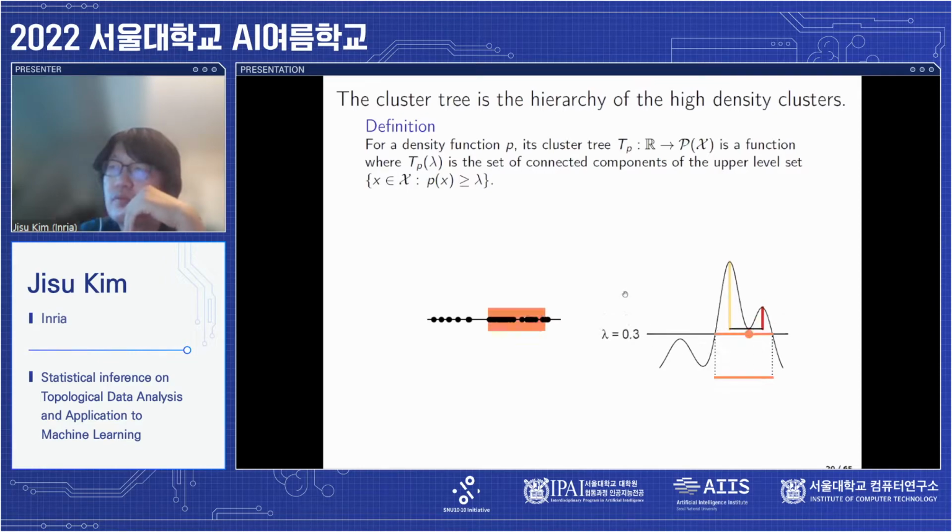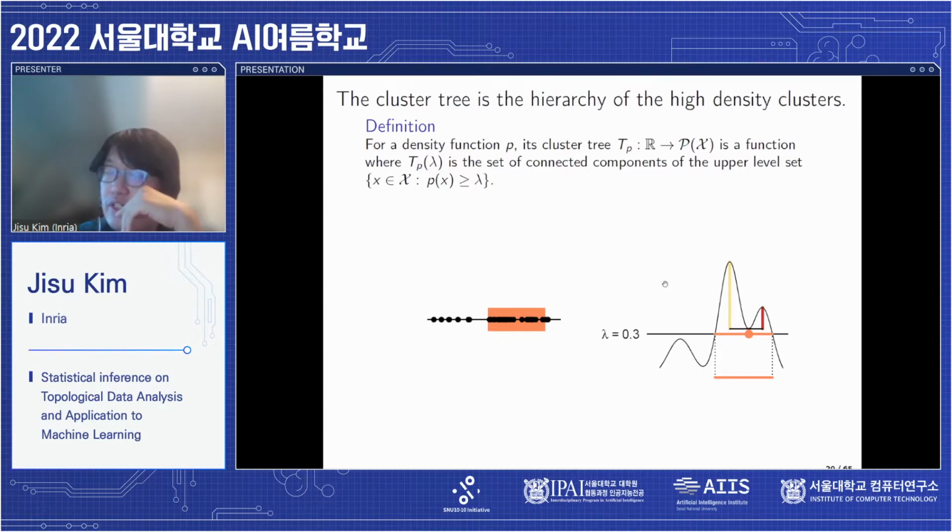And then when you decrease lambda to 0.3, you have one connected component here like this. So for each individual level, you will have connected components of the upper level sets.